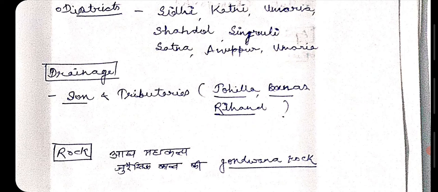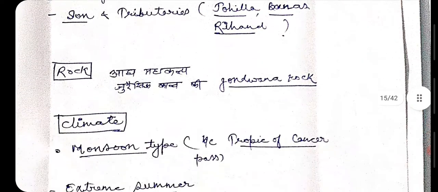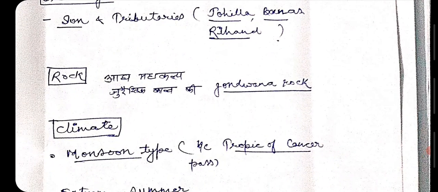Tributaries of Son are Johila, Banas, Rihand. Rock type: Precambrian rocks and Gondwana rocks of Jurassic age.